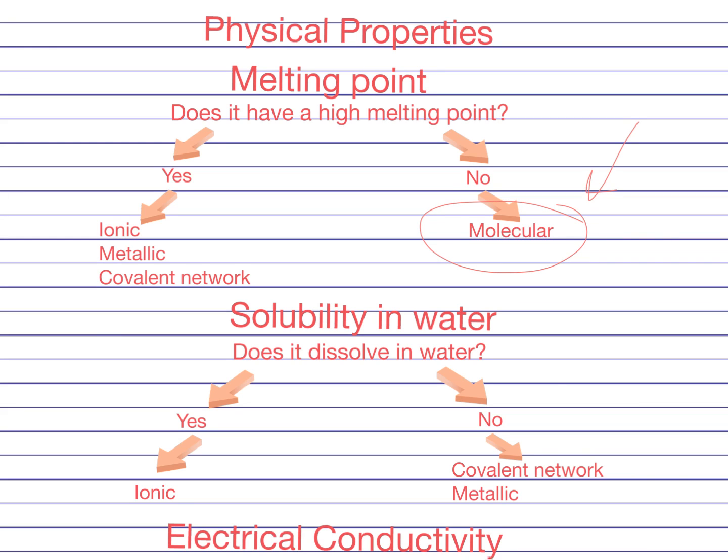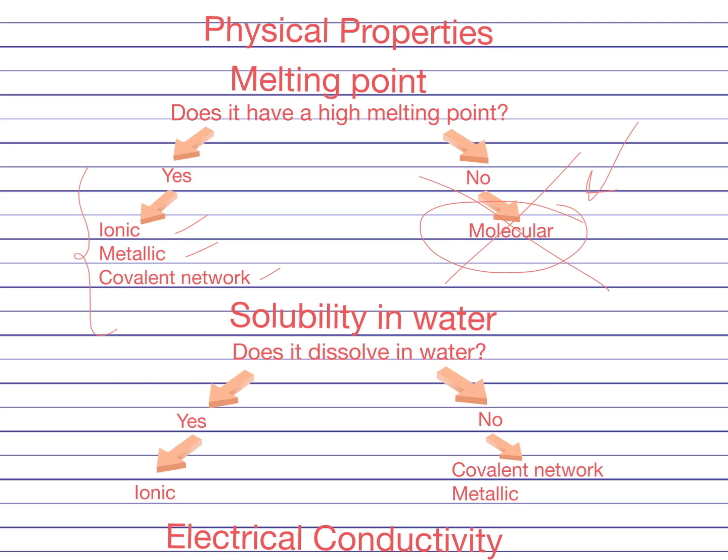Now, if you are testing melting point and you realize that the substance is not melting at a low temperature, then you may have an ionic or a metallic crystalline solid, or you can have a covalent network. But you know for sure that if the substance has a high melting point, you don't have a molecular one. And then you go to the next step.